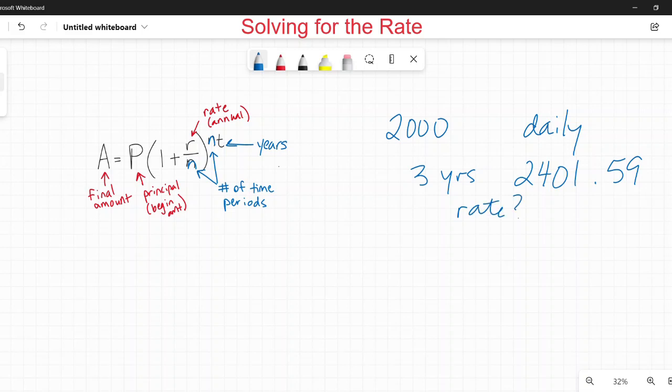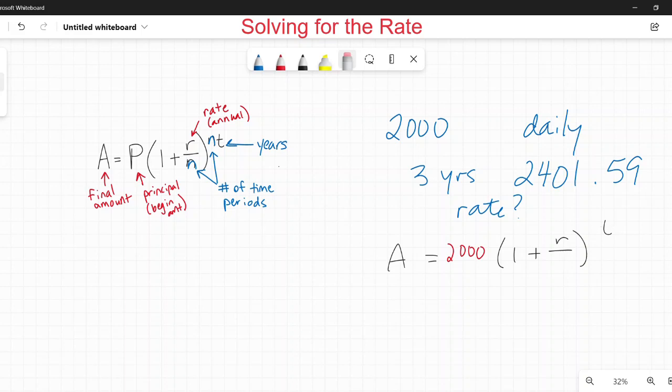Okay, same thing. We're going to fill in everything that we are given, and then we solve for what is left. First, we are told what the person started with, $2,000, so that's our principal. It's compounded daily. Oftentimes, these problems will specify whether it is a leap year or not, because a leap year has one extra day. It usually will say it's not a leap year.